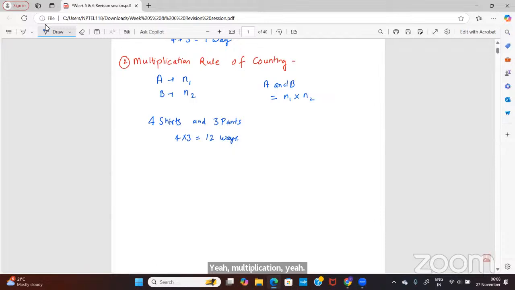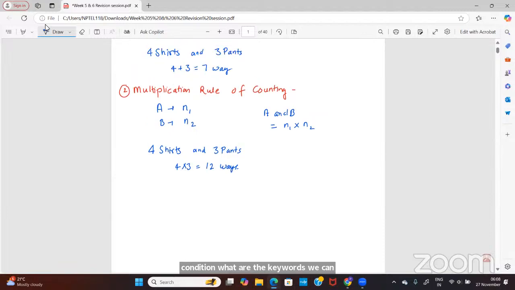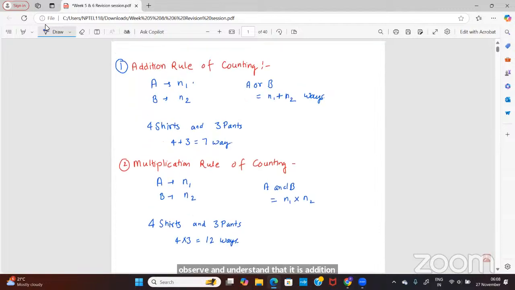Okay. So what keywords can be seen in the question, ma'am? Like either or you told, for OR condition, what are the keywords we can observe and understand that it is addition? See, like for OR we use addition, and for AND condition we use multiplication.